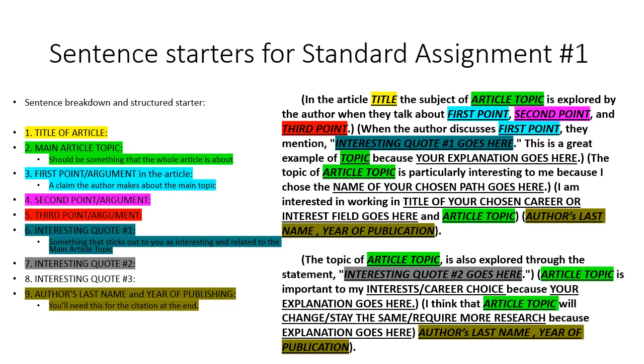So the parts where you would need to be writing your own ideas would be like where it says your explanation goes here, or name of your chosen path goes here, or title of your chosen career or interest field goes here, or your interests, or this explanation, or this thinking piece on whether the article topic will change, and then this explanation here. The parts that I just highlighted in yellow, those would need to be filled in with your own thoughts. The rest of it is literally fill in the blank.